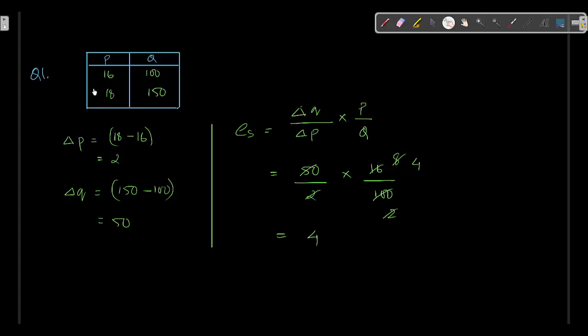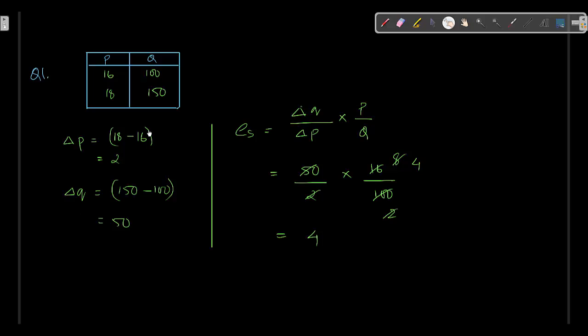So how to calculate the change in price? You always take the higher number, the second one. 18 minus 16 here is 2. The change in price is 2. So that means there is a 2 rupee increase in price. And the change in quantity here is 150 minus 100, 50. So that means when the price increases by 2, the supply also increases by 50 kg here.